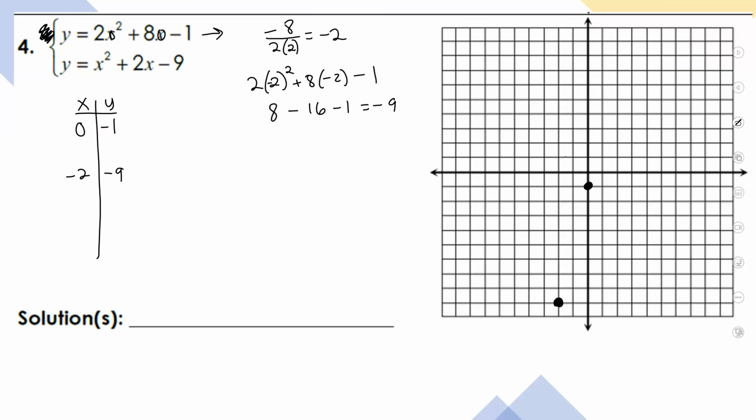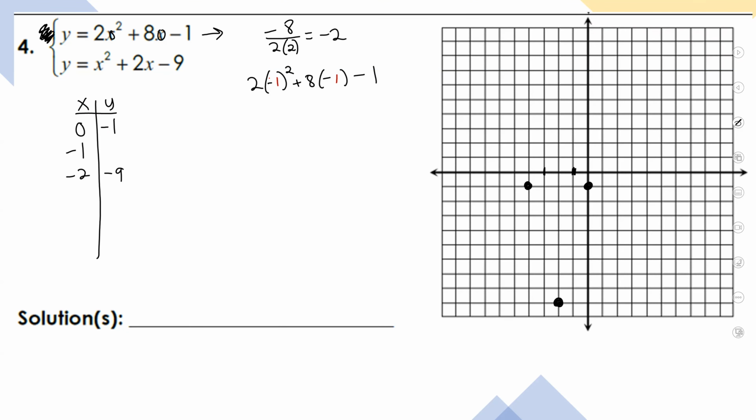Okay, so let's figure out some more points. I know this side will also be at negative 1. Okay, now let's plug in some more points. How about we figure out what these values are? So let's plug in a negative 1 into my equation, and let's see what we get.